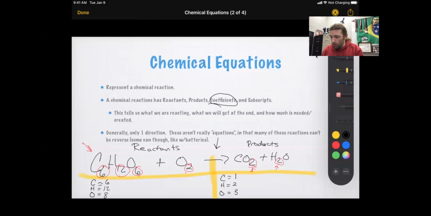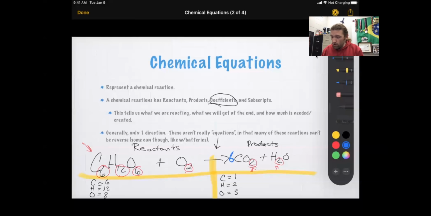It's the only molecule on the right-hand side that has carbon. So that's the one that I'm going to multiply. So I'm going to go over here. How many carbons do I need? I need 6 total. I have 1 now, so that means I need 6 CO2 molecules. Just like that. So what I'm doing is I'm multiplying CO2 by 6.